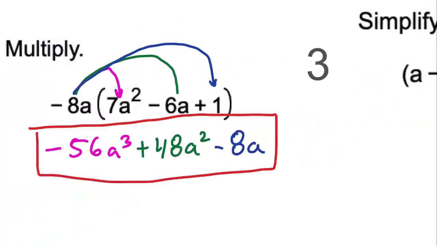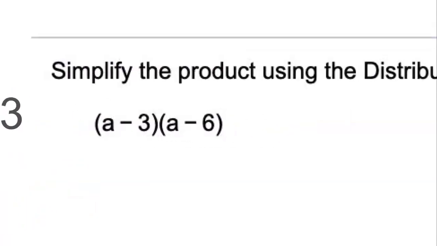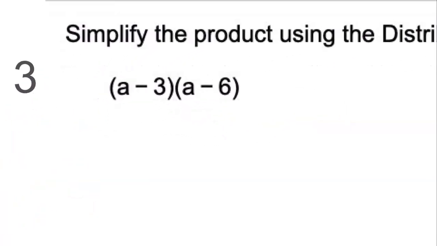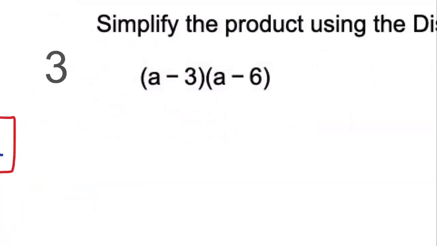Okay, number 3, simplify the product using the distributive property. We're not going to do the distributive property because that's just a long way of doing it. We're going to do the shorthand, which is pretty straightforward. You just have to create a box.